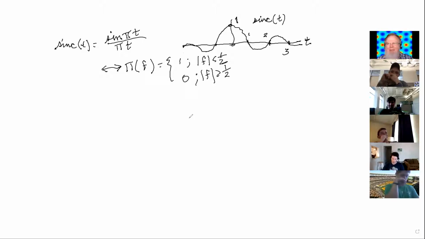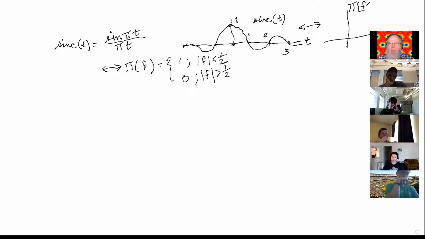Because 1/2 is an exact frequency which can never be measured. So the Fourier transform of this sinc beautifully is a nice rectangle function, and I denote it by this. That goes between minus 1/2 and 1/2 here, and it has a height of 1.